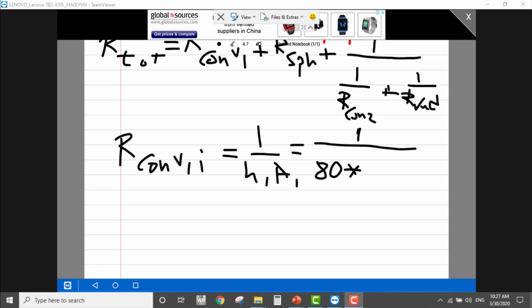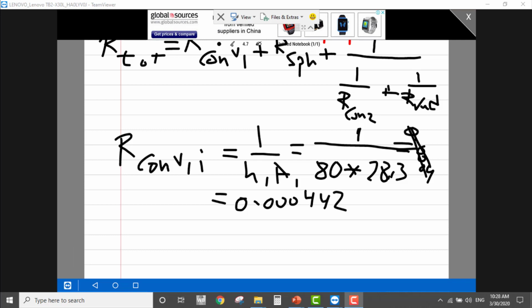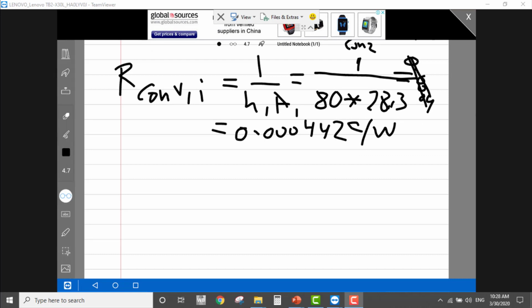We just calculated area 1, 28.3, and this is equal to 0.00442 Celsius per watt. Now let us move to our spherical.